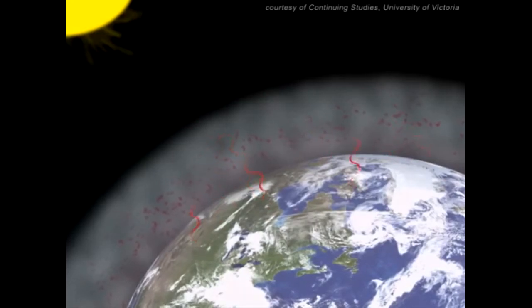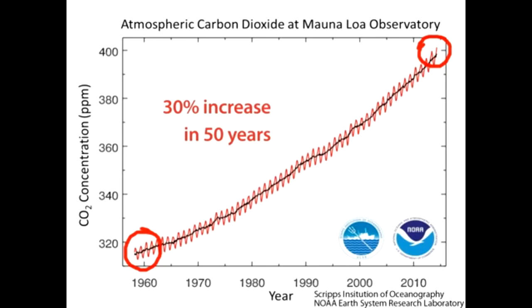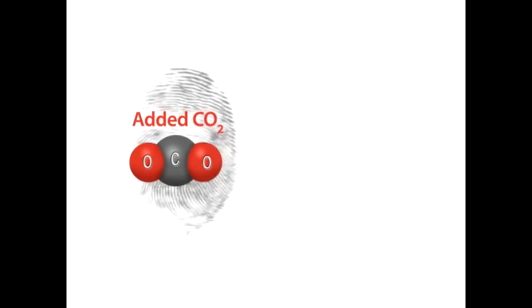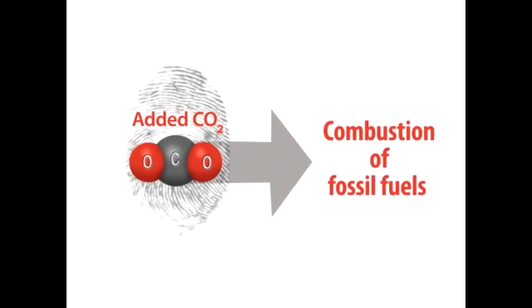How do we know? Can it be measured? We know this because the added CO2 carries with it chemical fingerprints that very clearly point to the combustion of fossil fuels as the primary contributor of the additional carbon dioxide that is being added to the atmosphere.